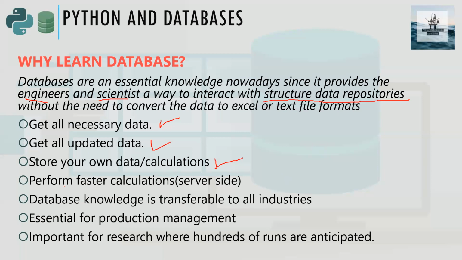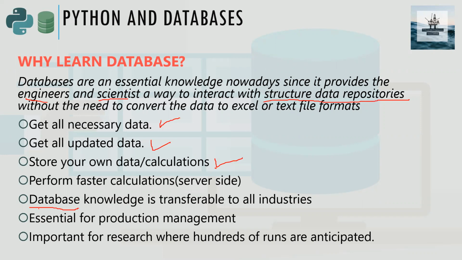Plus, once you learn database, it's a one-time thing. You learn it and you can multiply it across multiple industries. For example, if you are working in the oil and gas industry and you learned how to work with databases, you can transfer the same knowledge if you go to work in the petrochemical industry, or in food and beverage.